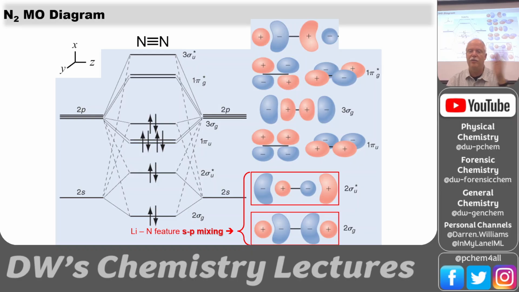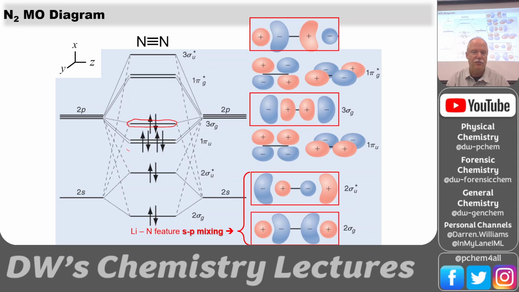So this is what we call lithium through nitrogen. It's called sp mixing. So we have all 4 of these orbitals mixed together a little bit. And that just changes the order. What's happened? This energy level right here in oxygen and fluorine was down here, but now it's up here. So it's moved. It's not quite as low in energy.